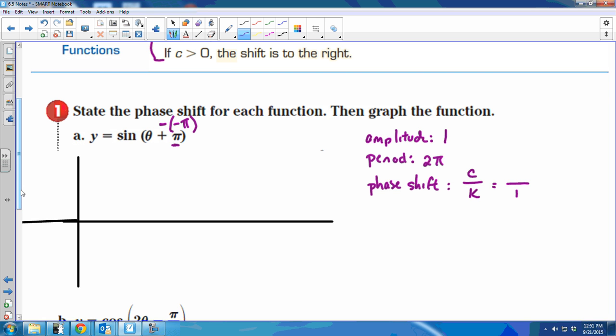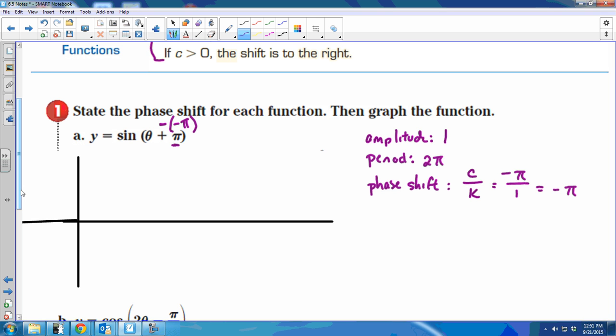So C in this case is actually negative pi, not positive pi. Everyone with me? So we have negative pi divided by 1. So the phase shift is negative pi. Are you okay with that?